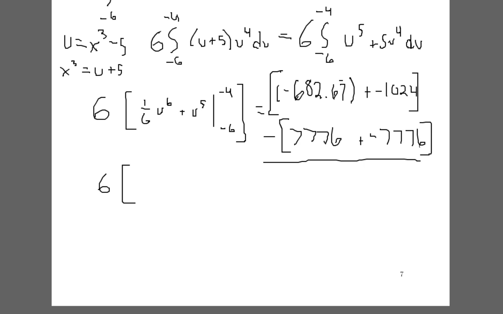So it'll be negative 4 to the 6th. And then we would divide by 6. So that's negative 4096 over 6 plus a negative 4 to the 5th, which is 1024, which is correct.